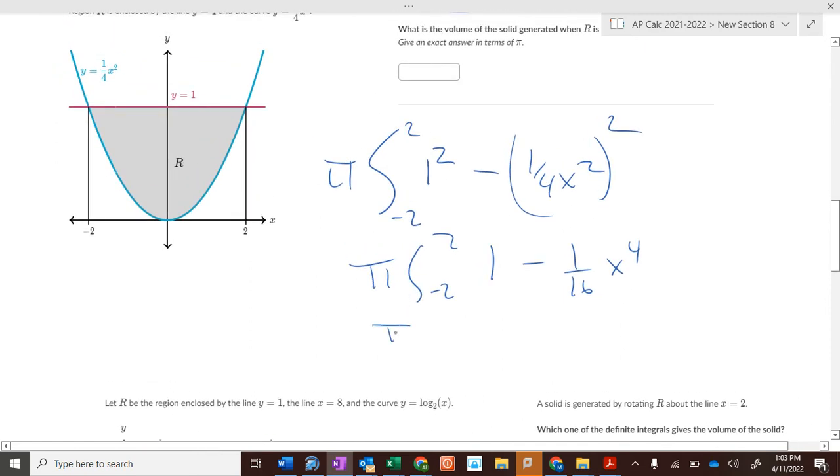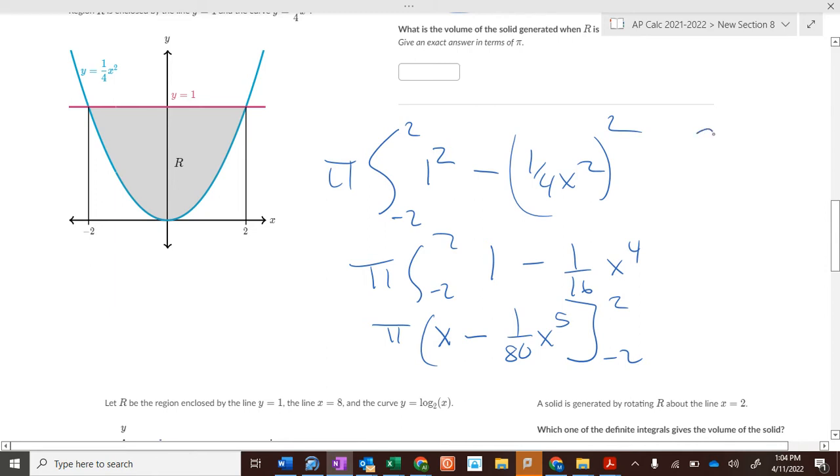If we integrate it, it would be x minus x to the 5th, 1/80th. X to the 5th from -2 to 2, because 1/5 of 16.